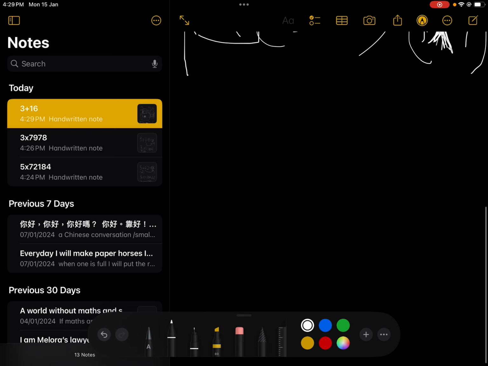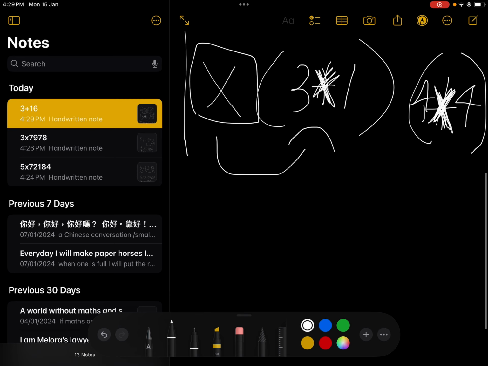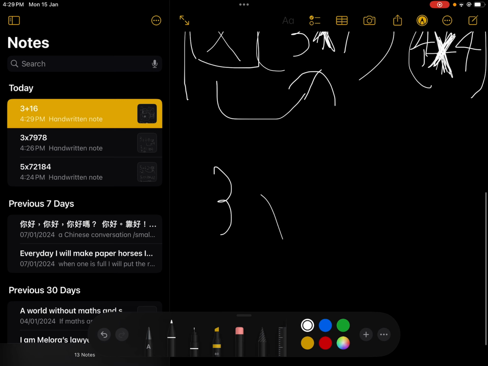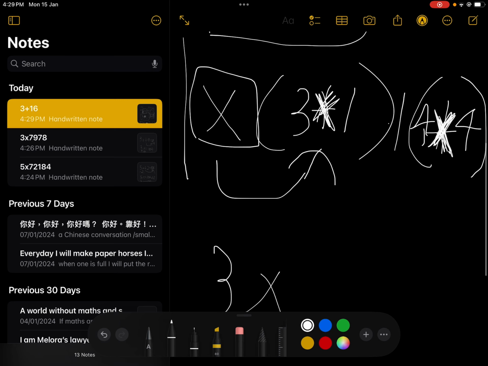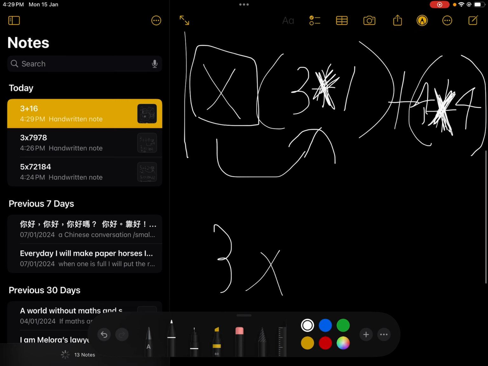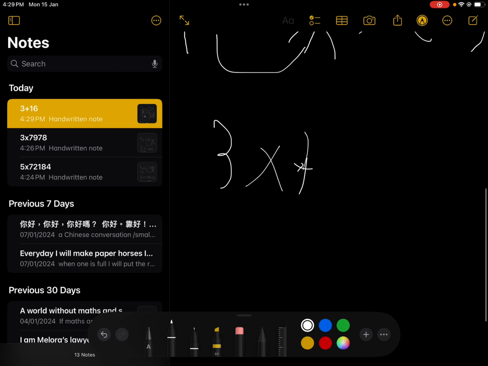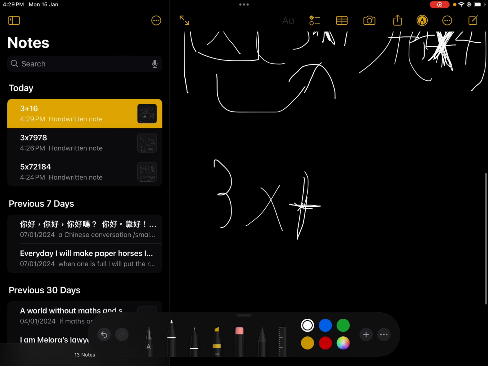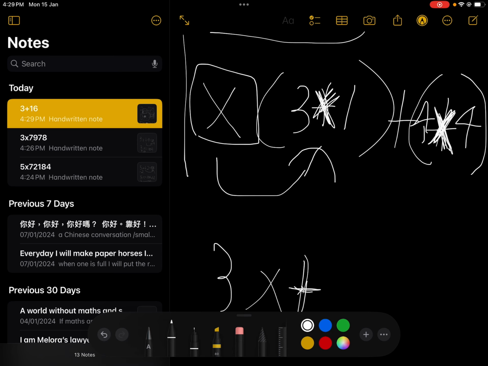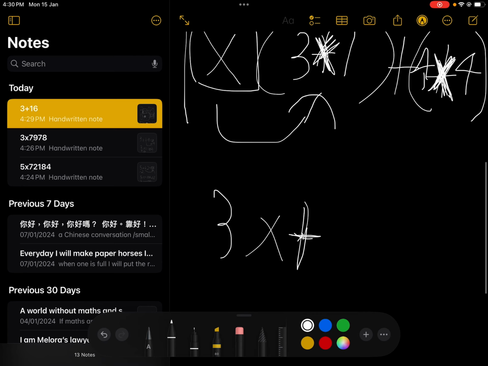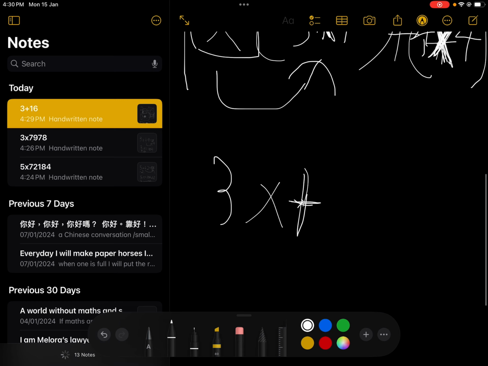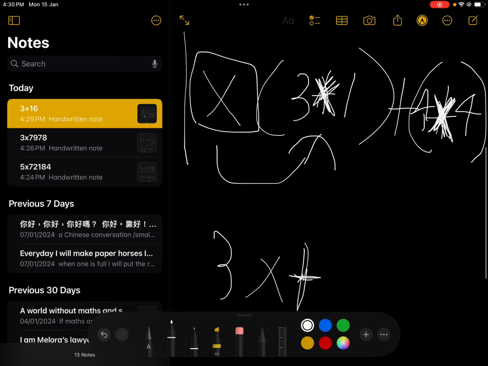Alright, so this is how we're going to do it. 3 times x is 3x, plus. And then we're going to add a plus. x times 1 is x. But we're not supposed to consider this.